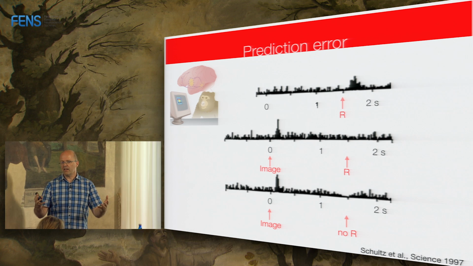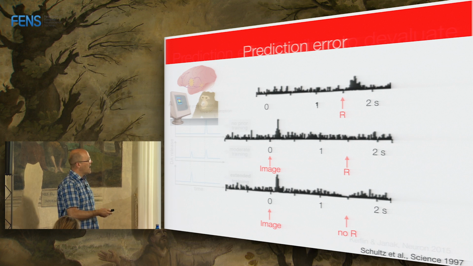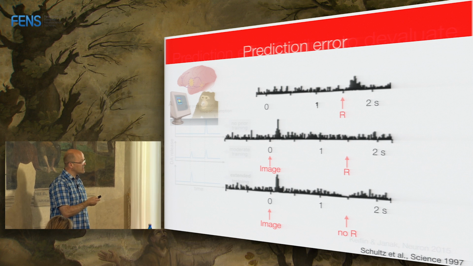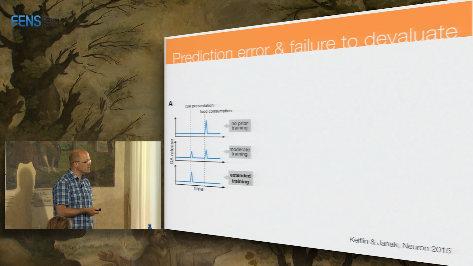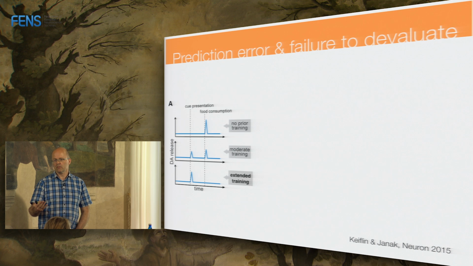Okay, so why am I telling you this? Because it may have an impact on a model on how we conceptualize the initiation of drug addiction. And this is actually very nicely summarized by a recent review from Patricia, where she puts this in the context of a learning paradigm.